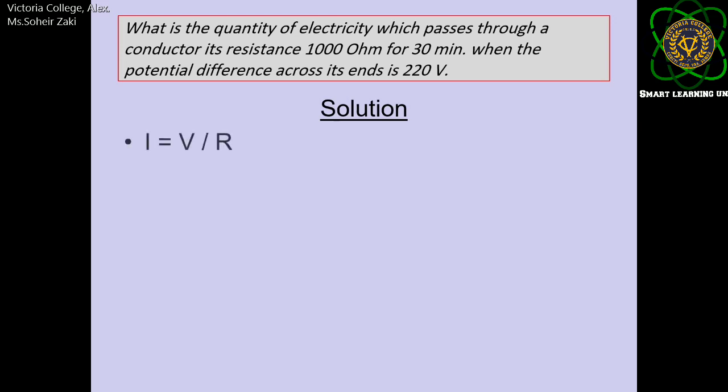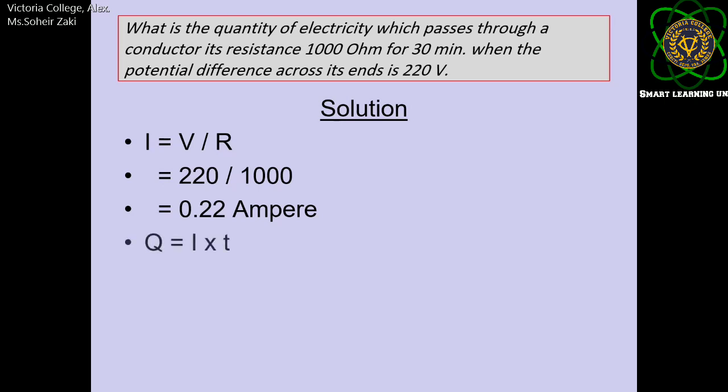At the first, we will calculate the electric current intensity by using the rule V divided by R, 220 divided by 1000, and the result will be 0.22 amperes. Secondly, we will use the second step, Q equals I times T, to calculate the quantity of electric charge, equals 0.22 times 30 times 60, that is equal to 396 coulombs.